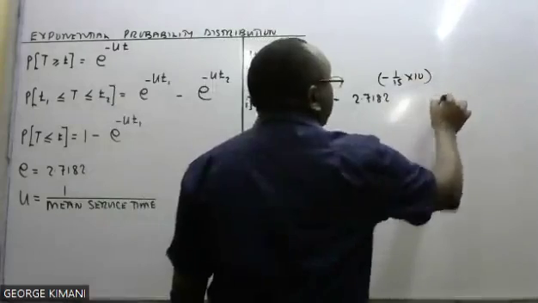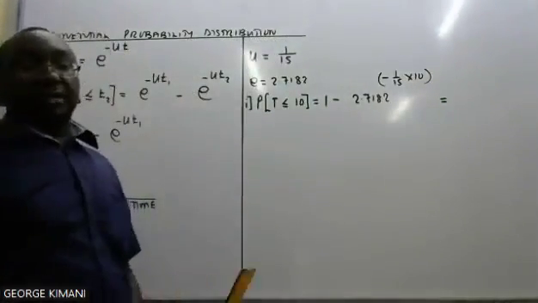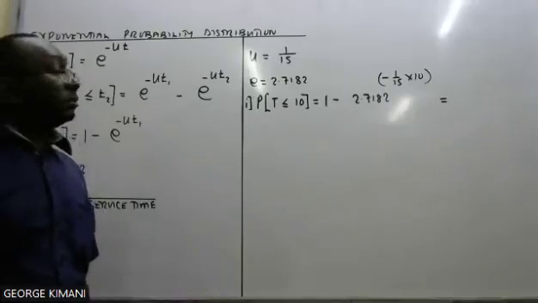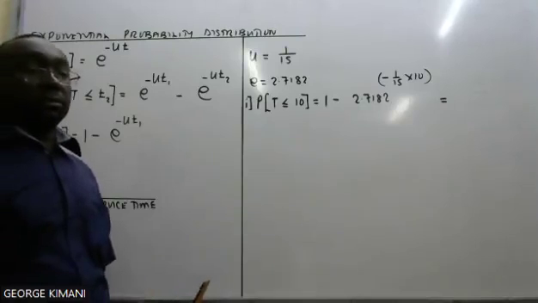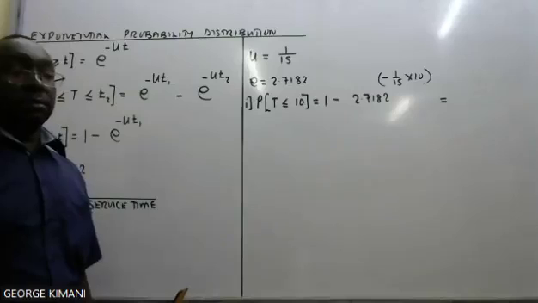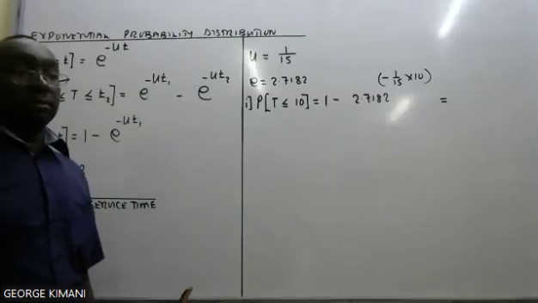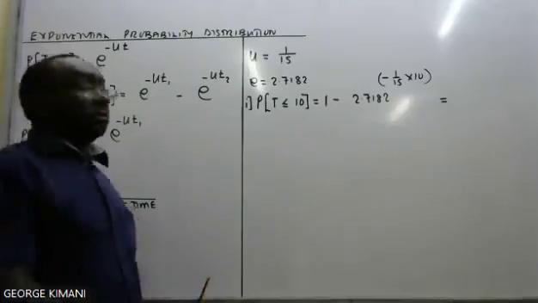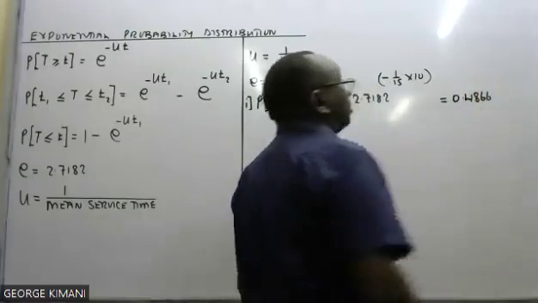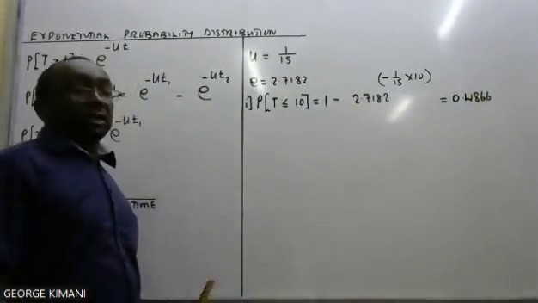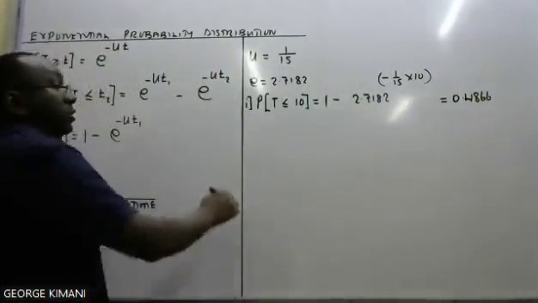So work out that and give me the answer. 0.4866. The next one you're told it is what?